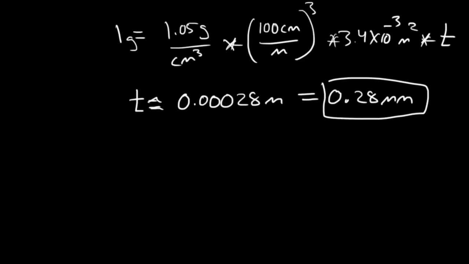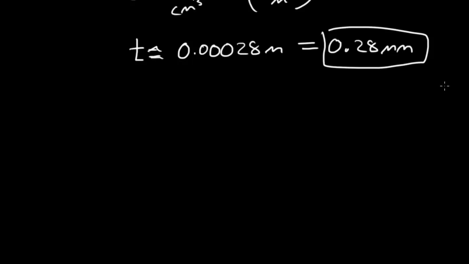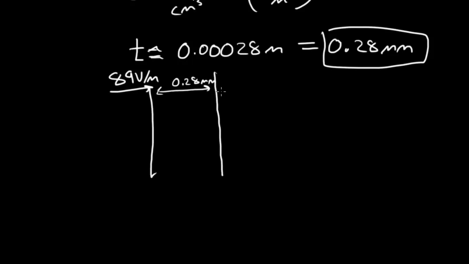Okay. We take that thickness and we're going to draw this little model of what's going on. Impinging on this volume, we have 89 volts per meter. We have a distance here of 0.28 millimeters, and then exiting, we have some unknown electric field.